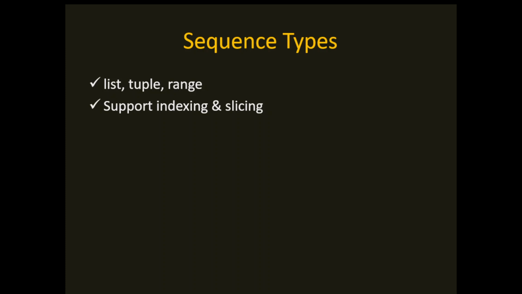Coming to list, the keyword is list, and it is an ordered and mutable collection. We will also read what mutable is. Mutable is nothing but changeable. That means you can alter a list, whereas a tuple is not changeable.